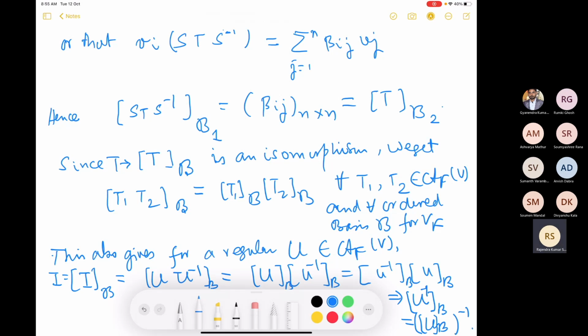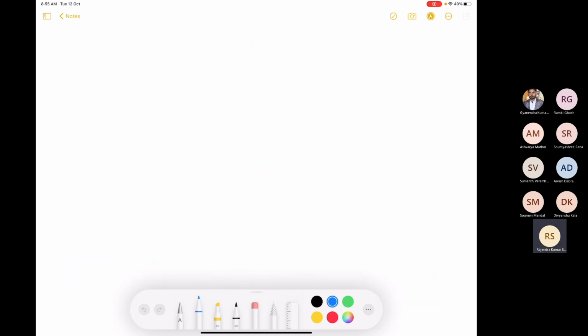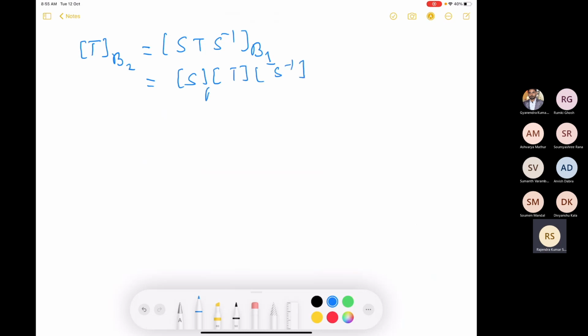So we apply this here to S T S inverse. What we have here is that the matrix of S T S inverse with respect to the ordered basis B1 is the same as the matrix of S, the matrix of T, and the matrix of S inverse, each of them with respect to ordered basis B1.